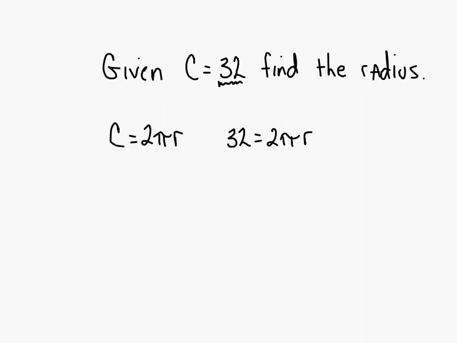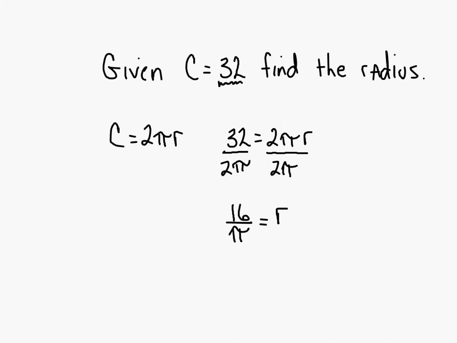Divide each side by 2 pi. 32 over 2 is 16, so 16 over pi is equal to the radius.